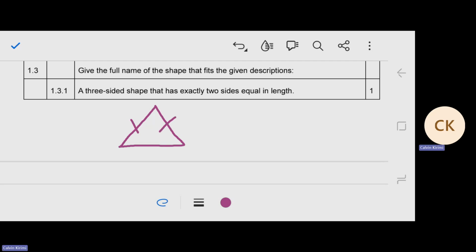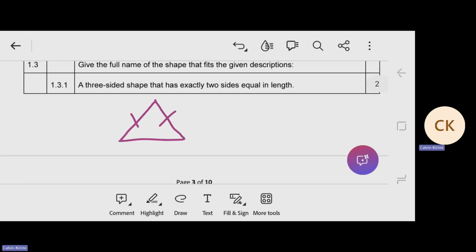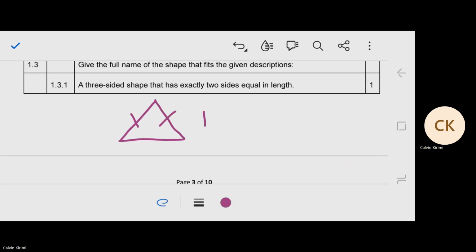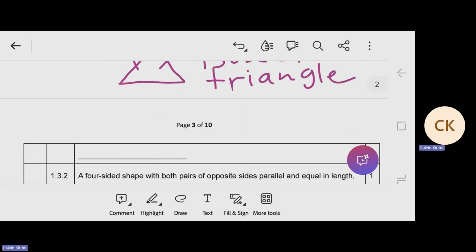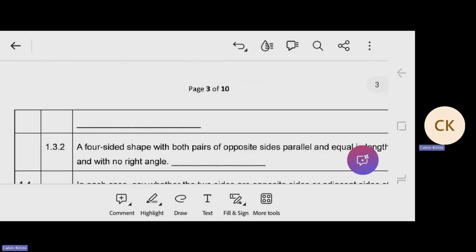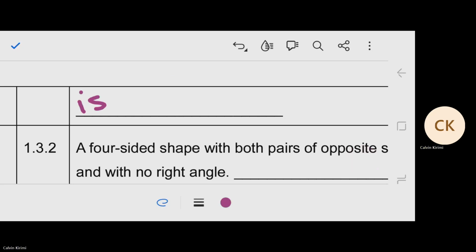So that shape, obviously, we are going to call an isosceles triangle. So you write isosceles triangle.